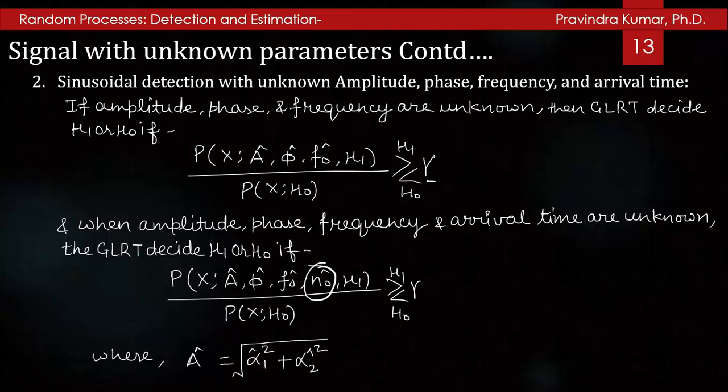It is n0 cap, meaning the estimated delay, where the estimated value of A from the previous slide is Â equal to the square root of α1 cap squared plus α2 cap squared, and φ is the tan inverse of minus α2 cap divided by α1 cap.